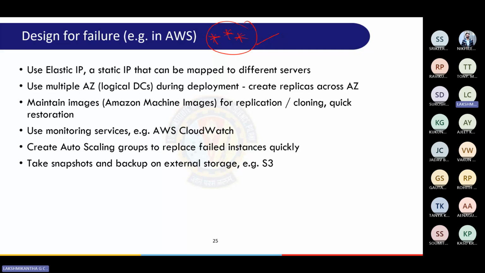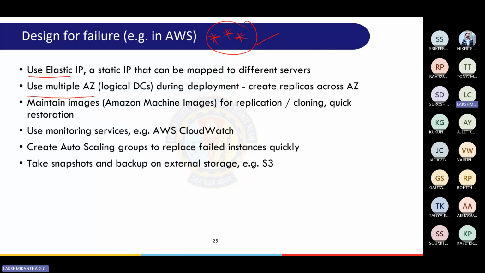So here are the critical techniques. What are those critical techniques? The very first one, use Elastic IP. Guys, we have already discussed this, right? This static IP can be mapped to a healthy server to quickly recover service. And along with that, we use multiple AZs. Always deploy replicas of your services across different availability zones.